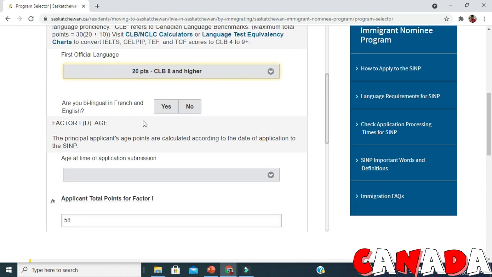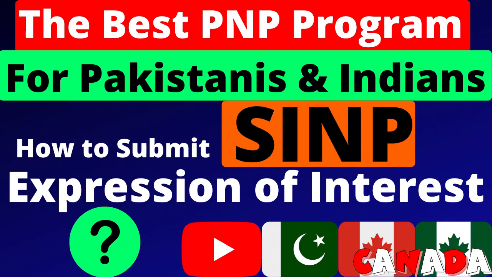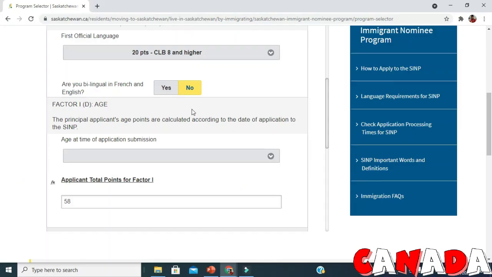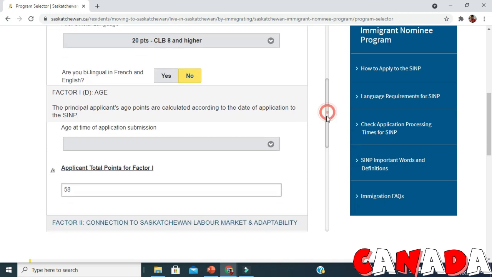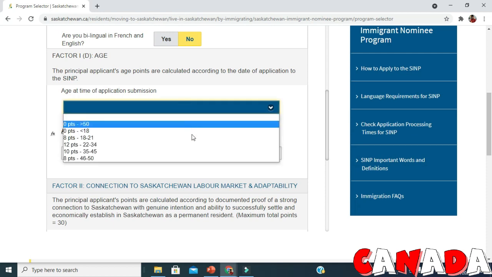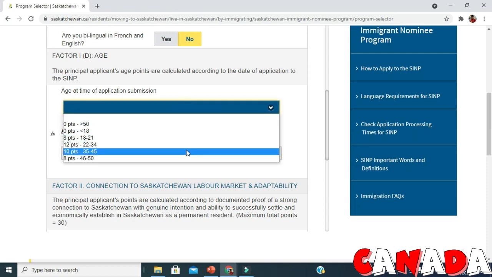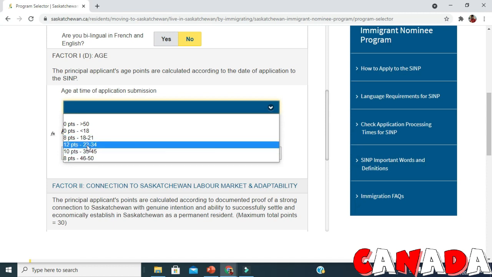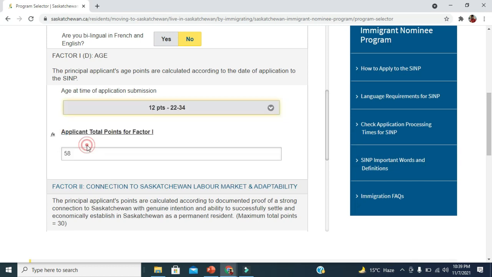Now they're asking if you are bilingual. If you are, you will click yes, and then they will ask you about your French language CLB level, which by the way, CLB 4 gets 2 points. Now they are asking about your age, and as you can see, the maximum points are awarded in the 22 to 34 age bracket, which is the best thing about Saskatchewan, because if you're above 30, sometimes Express Entry is not your option, so Saskatchewan could be your option.